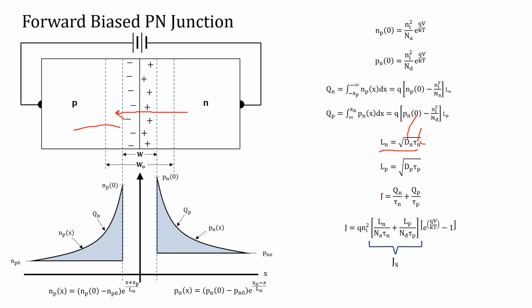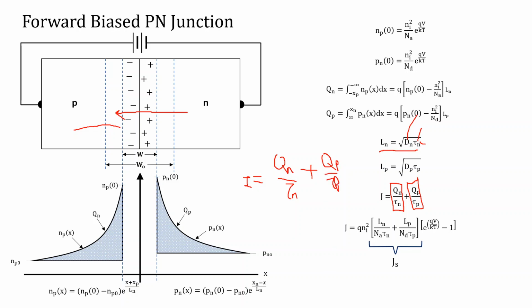Now this is the simple expression for diffusion current. This is the diffusion current by the electrons, and this is the diffusion current by the holes. So if we need to calculate only current, then we can write it like this: Qn total charge divided by tau n plus Qp total charge divided by tau p.